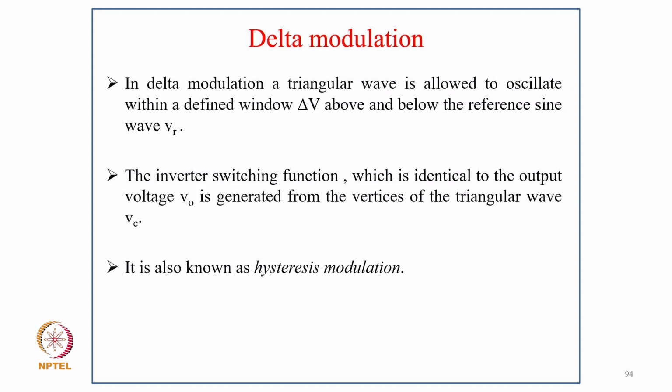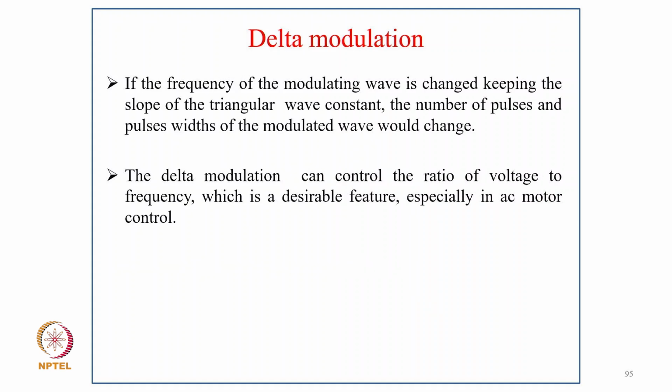In delta modulation, a rectangular wave is allowed to oscillate within a defined window delta V above and below the reference value. Here the inverter switching function, which is identical to output voltage VO, is generated from the vertices of the triangular wave VC, and it is also known as hysteresis modulation.